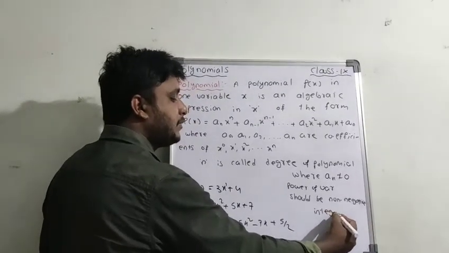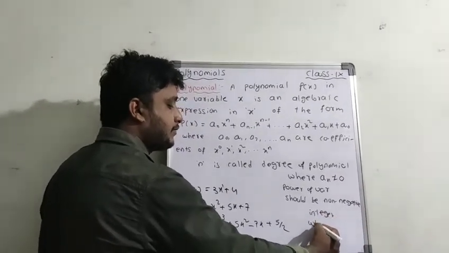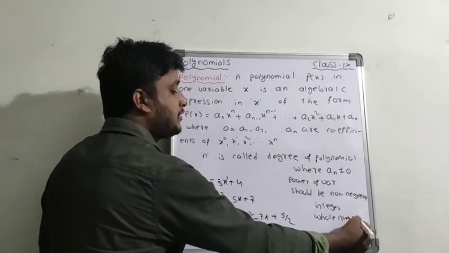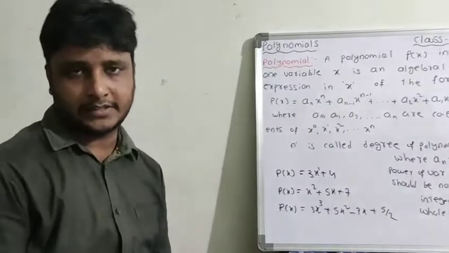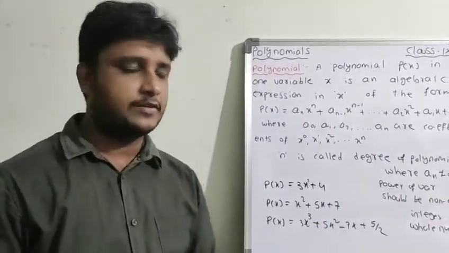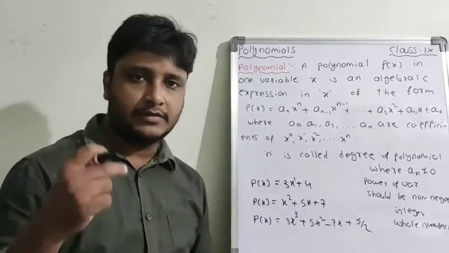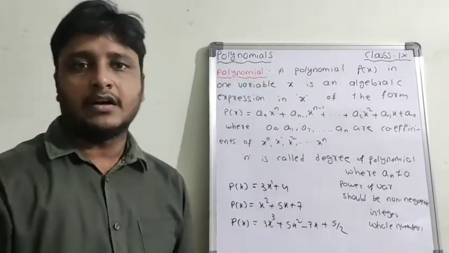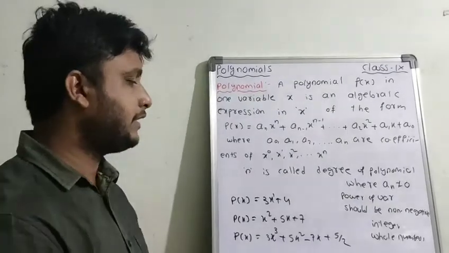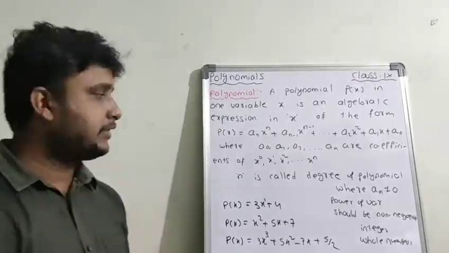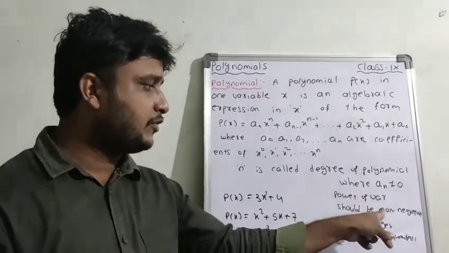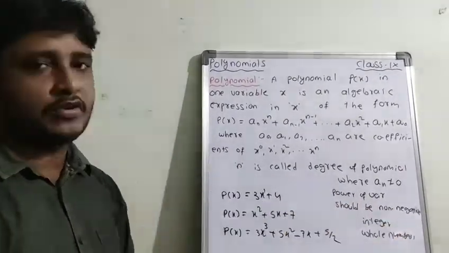Non-negative integer is nothing but whole numbers. That means the powers of the variables should be whole numbers. Then only it is a polynomial. If the powers of the variables are negatives, otherwise rational numbers or decimals or roots, then they are not polynomials. So this is a very important point: where the power of the variable is a non-negative integer, then it is called a polynomial.